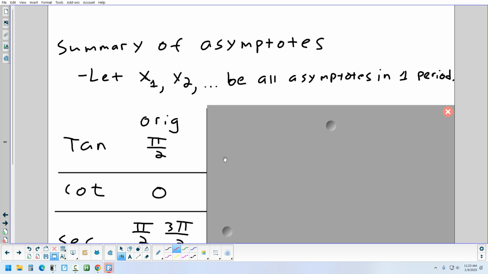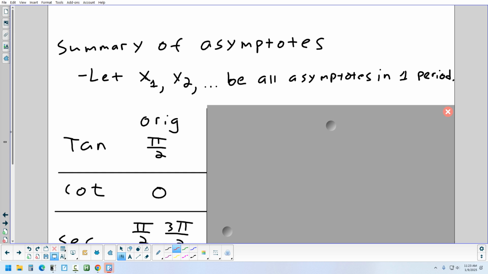Now, some functions have 1 asymptote per cycle, tangent and cotangent. Others have 2 per cycle. So sometimes you have to find 1, sometimes you have to find 2. It depends on which trig function you're doing. For tangent, the very first positive asymptote that you will hit is pi over 2.